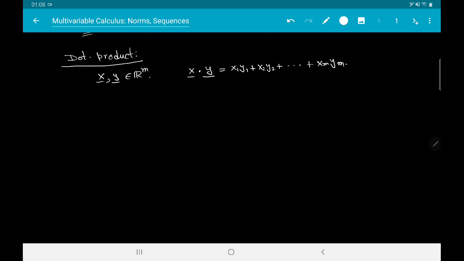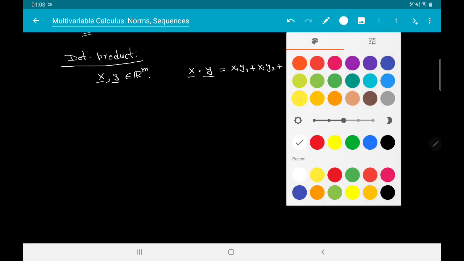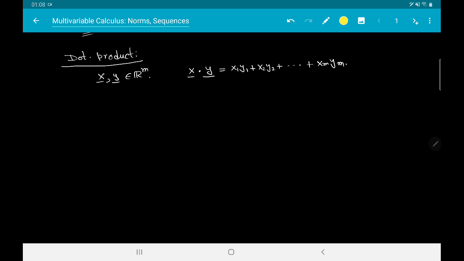Now there are a couple of very basic inequalities that we are going to make use of in time to come.